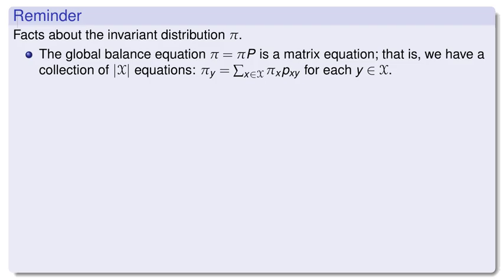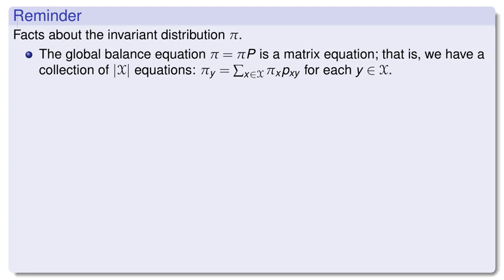Let's go over some important facts about the invariant distribution Pi. Firstly, the global balance equation Pi equals Pi P is fundamentally a matrix equation. What this means is that it represents a collection of equations, one for each state in our state space.